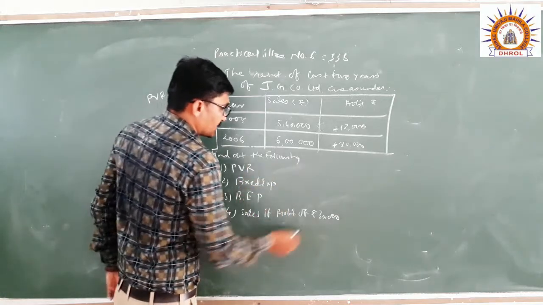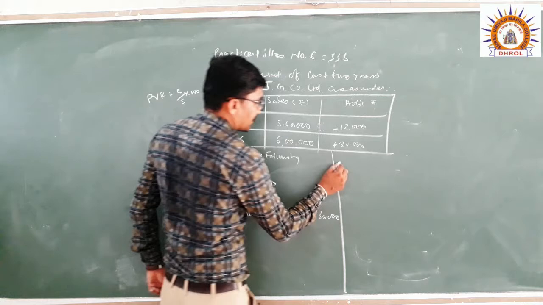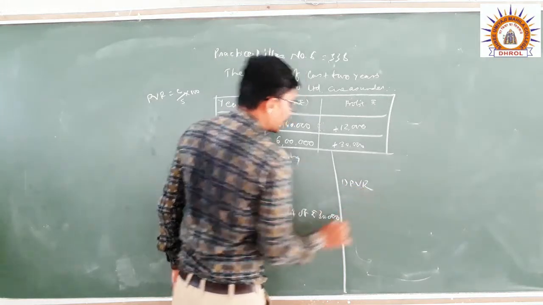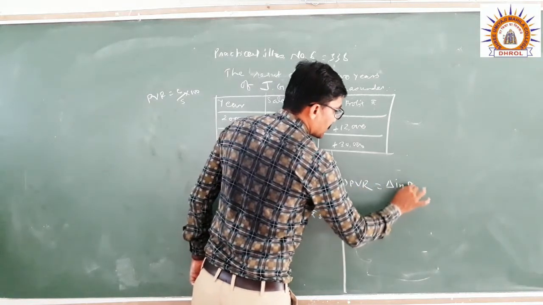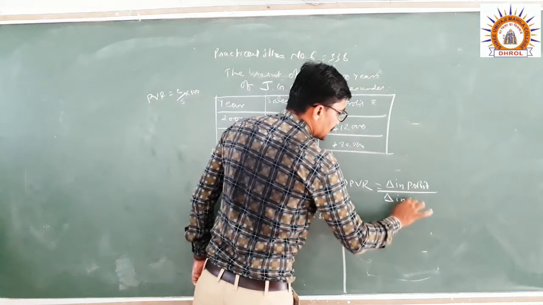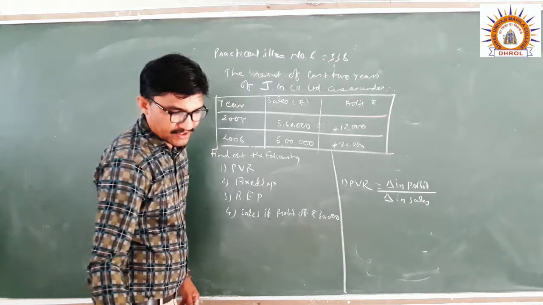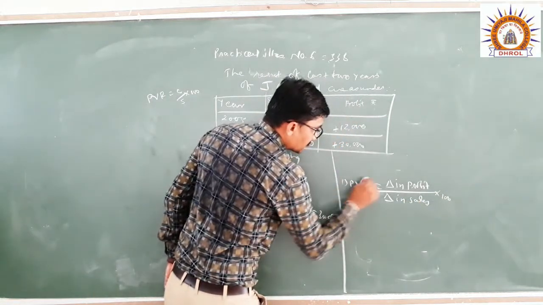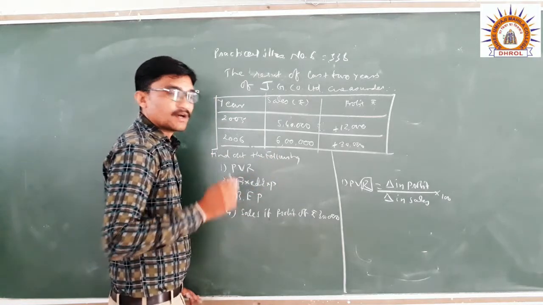Then find out PVR first. Let us start the first calculation of PVR. The PVR formula is changes in profit divided by changes in sales, multiplied by 100. Why? Because R stands for ratio, and a ratio is always in 100.